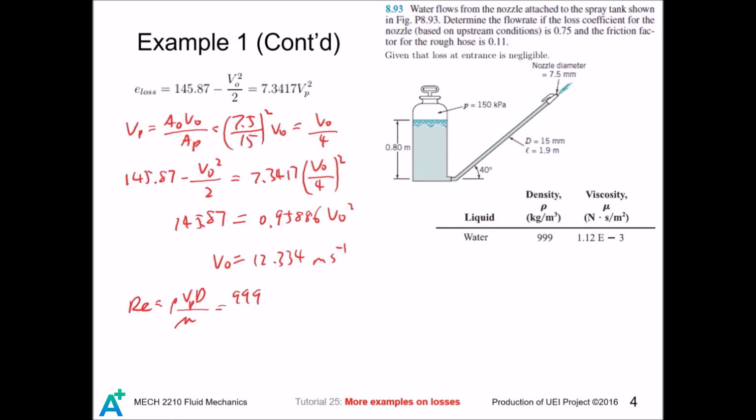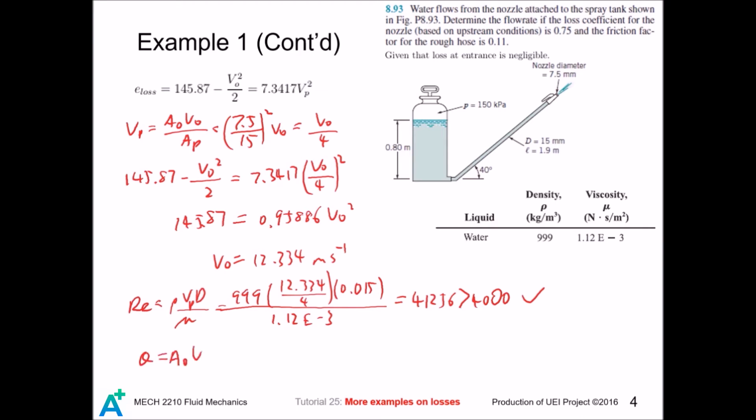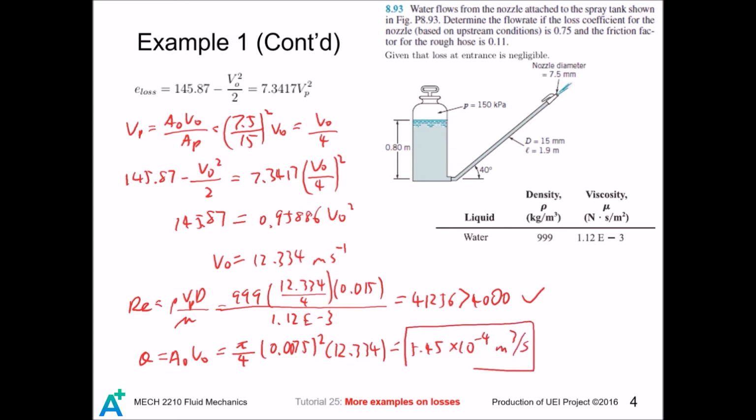The V here is Vp. So, our energy equation is valid. And then we can find the flow rate. And we are done with this example.